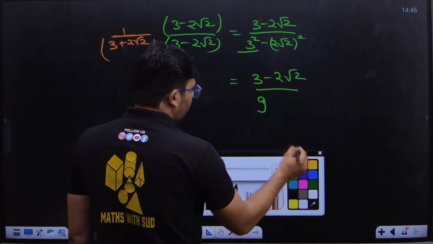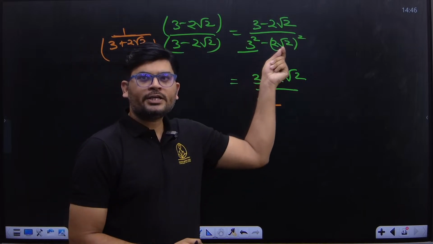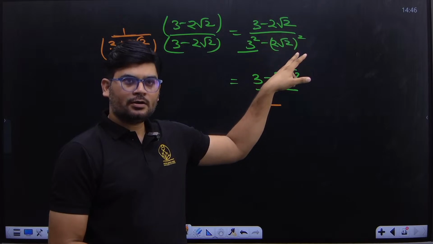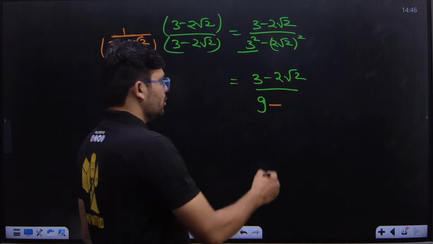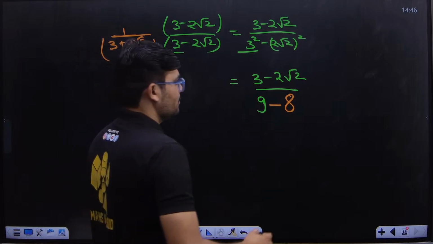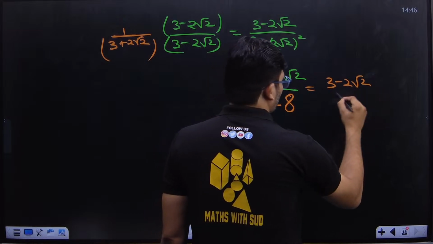Now we have 2 root 2 whole square. So 2 square is how much? We will do individually. What is 2 square? 4. And what is root 2 square? 2. So 4 into 2, 8. So this will be 9 minus 8. So this is going to be 3 minus 2 root 2.